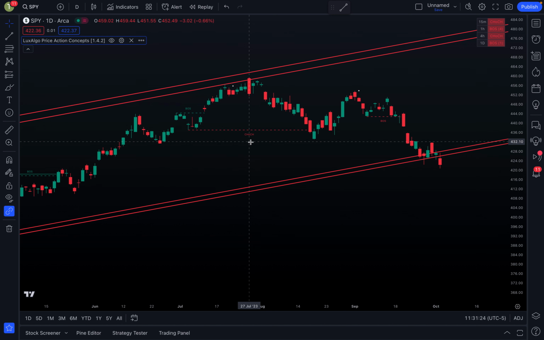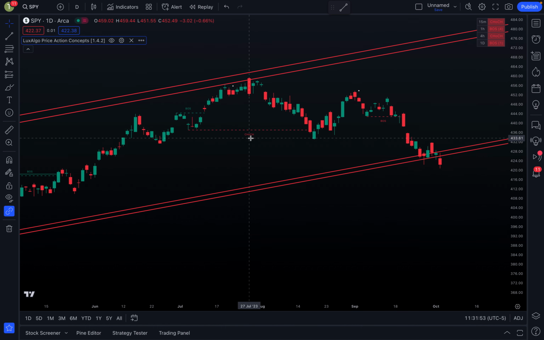Again, change of character. This is characterized by price breaking a swing low during an uptrend, which potentially means there might be bearish movement going forward, or price breaking a prior swing high during a downtrend, which potentially might signal bullish movement coming up. Here is one example of this.